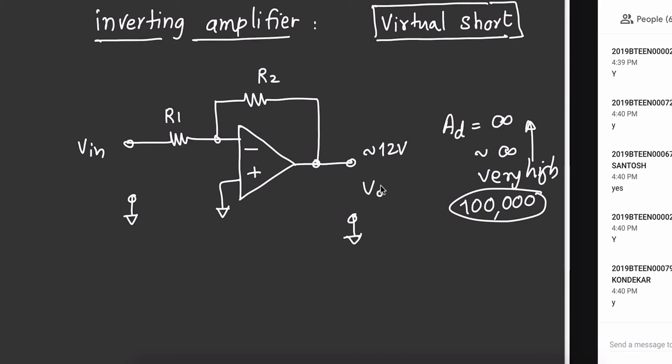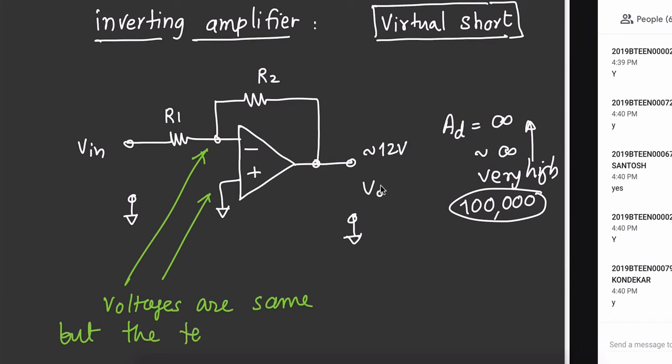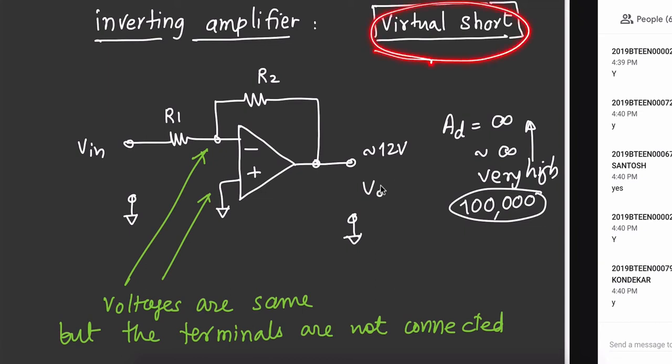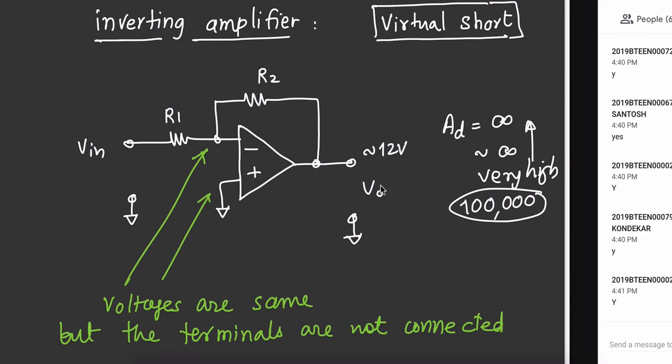Because these two voltages are the same, but the terminals are not connected physically. So it's a short because the terminal voltages are equal, but it is a virtual short because they are not connected to each other. Everybody understood this? Yes or no?